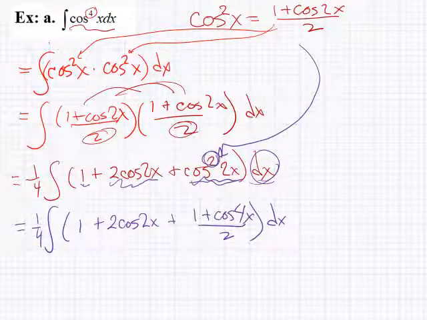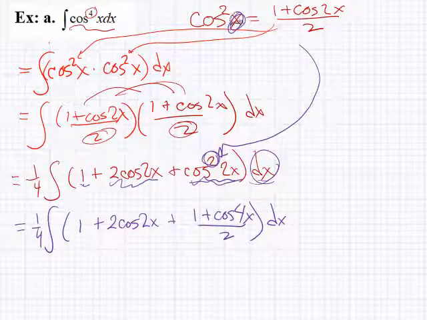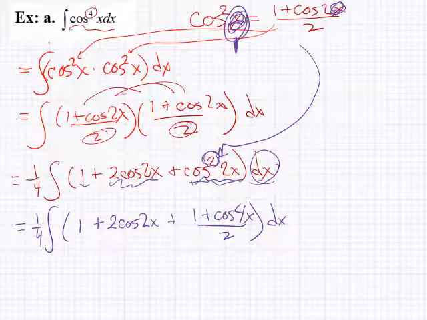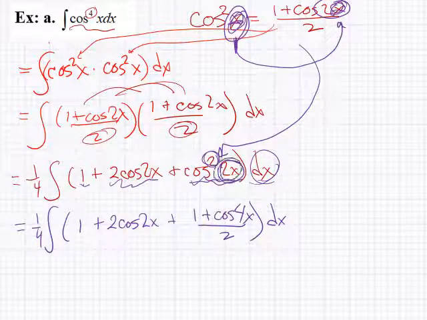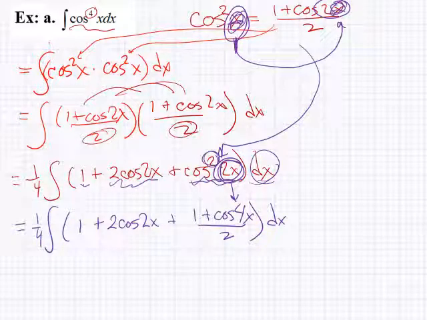Now why the 4x? Because this x is just this arbitrary thing. You call it a theta, call it whatever you want. Whatever this is here inside the cosine squared has to be multiplied by 2. So if it was a 2x already, it now becomes a 4x. Very simple.